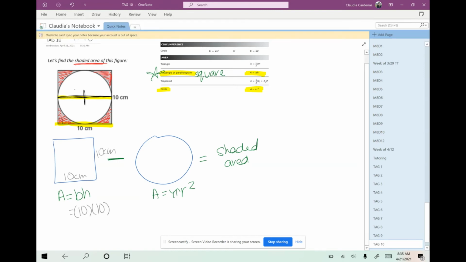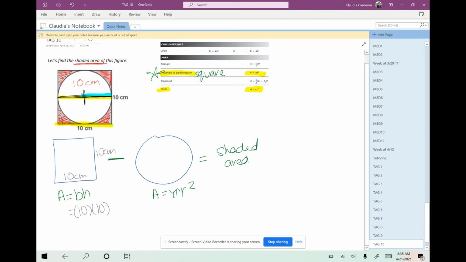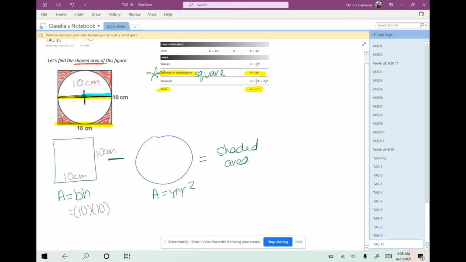It would also be 10 centimeters, which is helpful, but it still isn't the radius. Remember, the radius is the halfway part. So if the diameter is 10 centimeters, what does that mean about our radius? Well, if we cut 10 in half, that is 5 centimeters. So I'm going to put that into my circle, that our radius is 5 centimeters. So we can now substitute that into our formula.